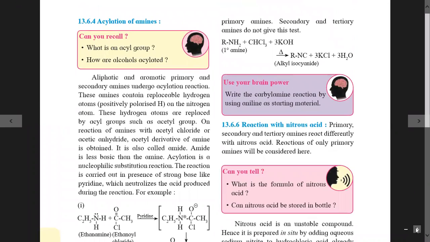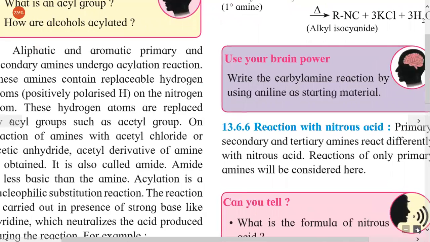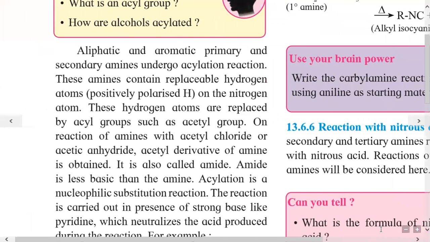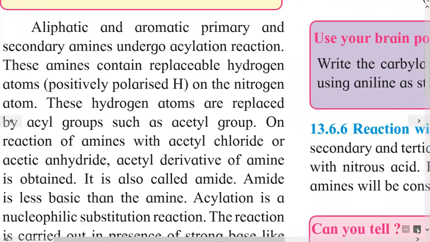So what is the acylation reaction? Aliphatic and aromatic amines, primary amines and secondary amines, undergo acylation reaction. Amines contain a replaceable hydrogen, that is a positively polarized hydrogen on the nitrogen atom.